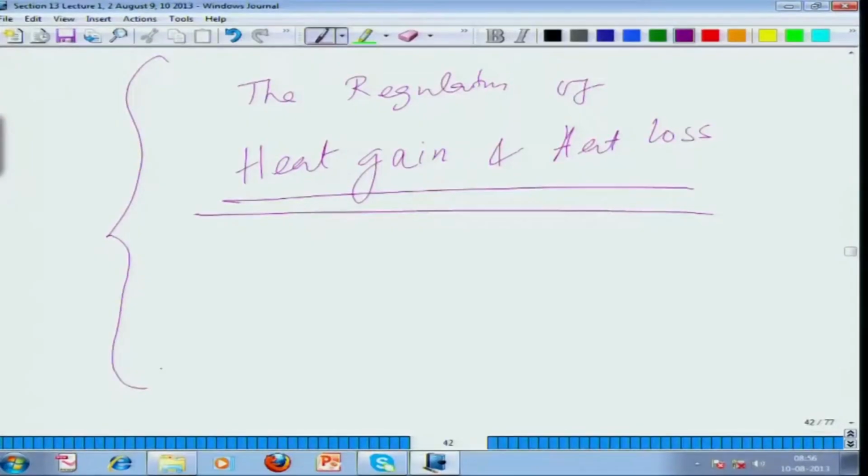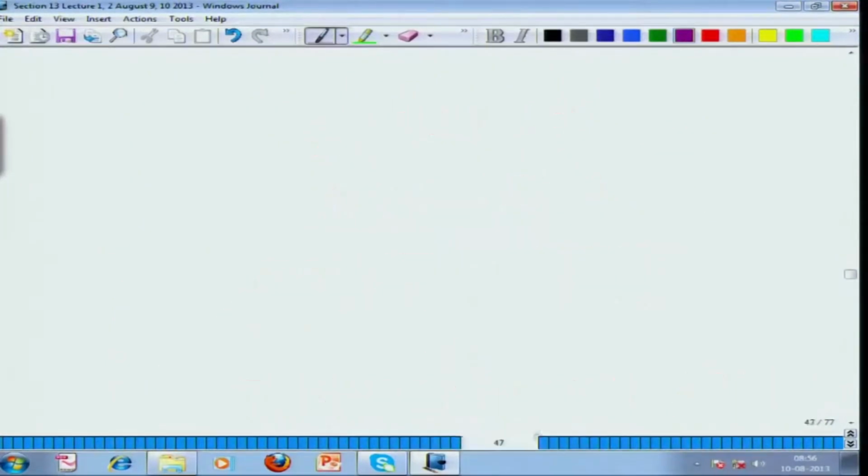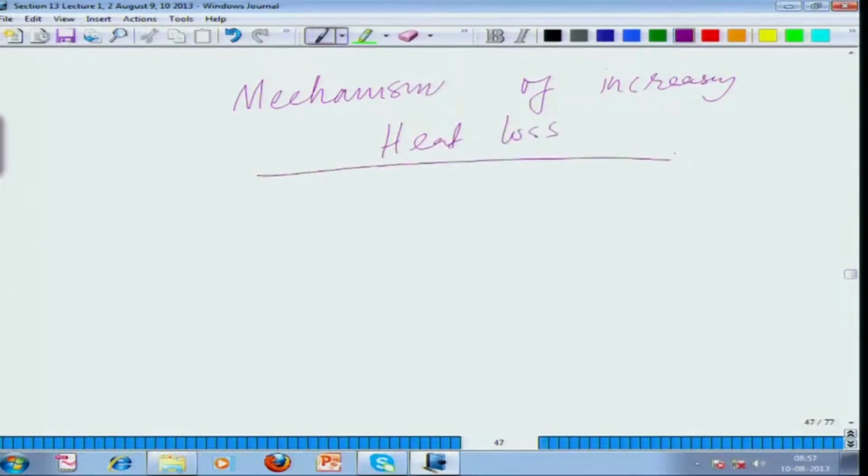So, mechanisms of increasing heat loss, how you can do so. Say, for example, you want to lose heat, what all the processes are there.